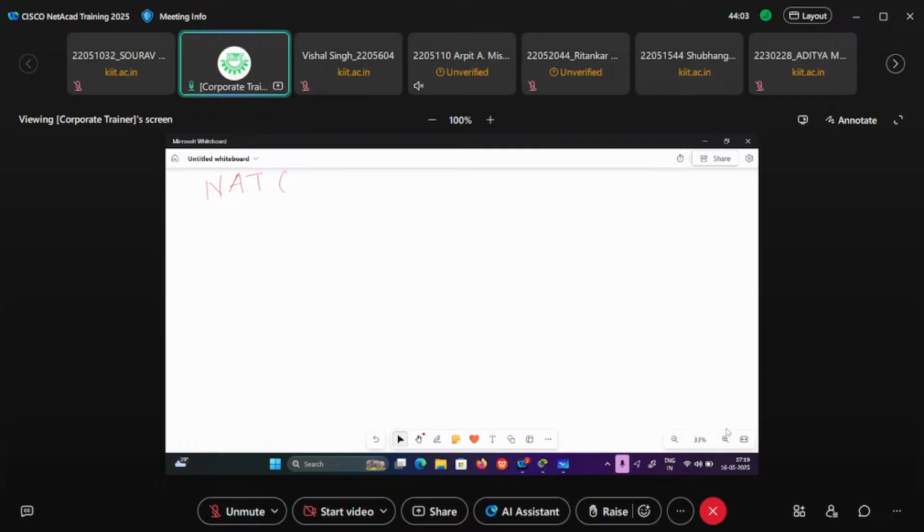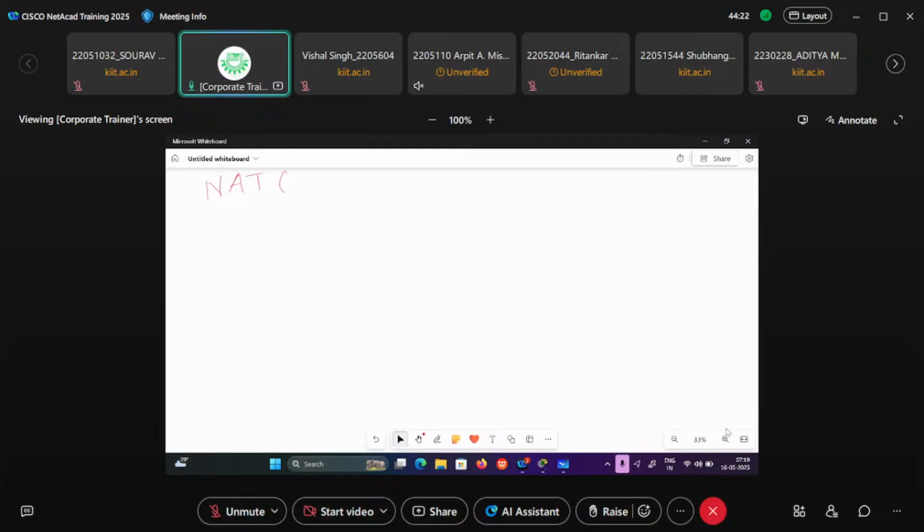So what technique does the internet use to map from the private to the public IP? That concept is called Network Address Translation. That is called NAT. By default, in each and every system, NAT is configured.